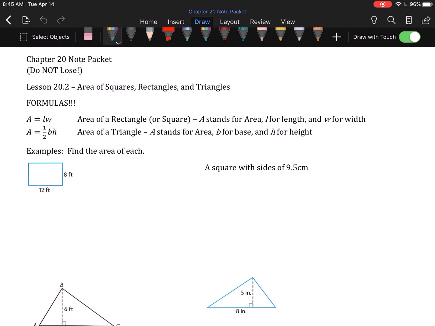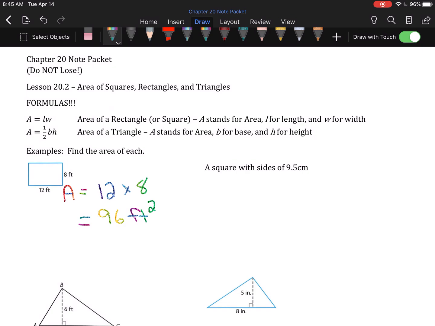So our first shape here is a rectangle. To find the area of a rectangle, we do length times width. The length is 12, the width is 8. No, it doesn't matter if you say it the other way around. 12 times 8 is what we got to do. 12 times 8 is 96. Area is in units squared.